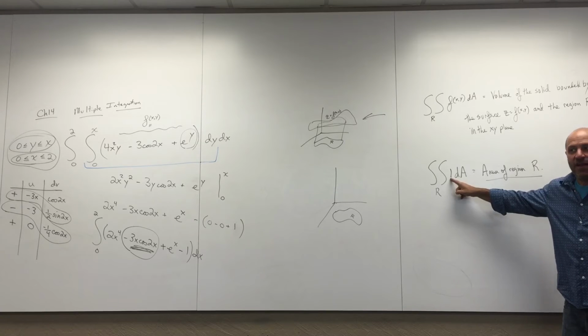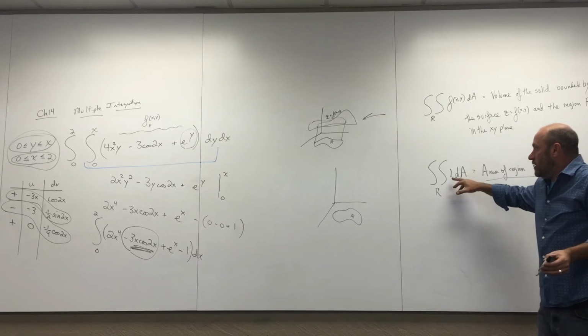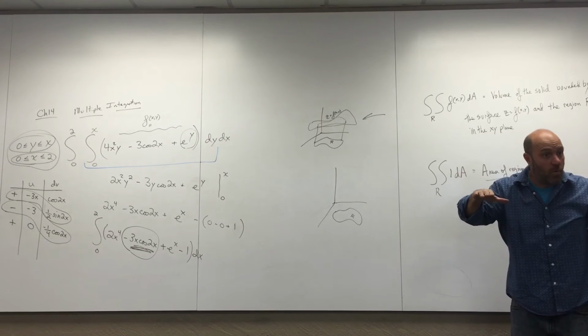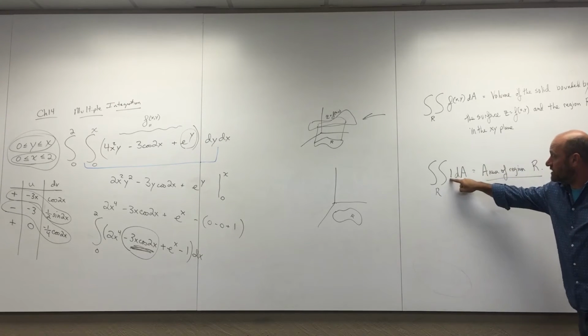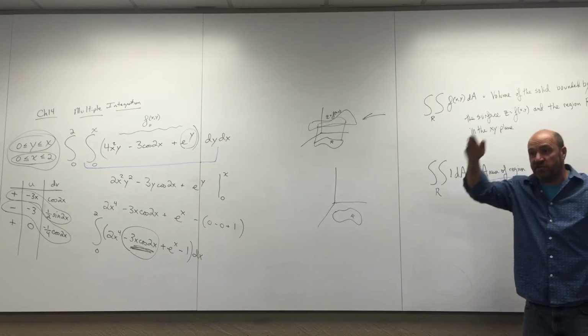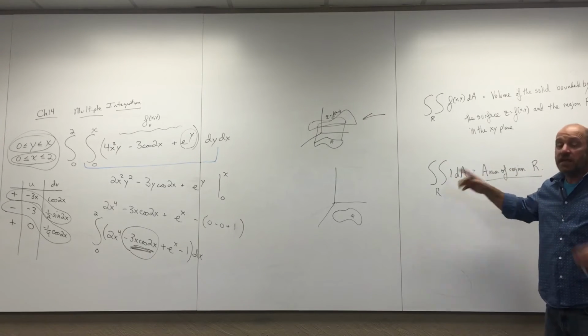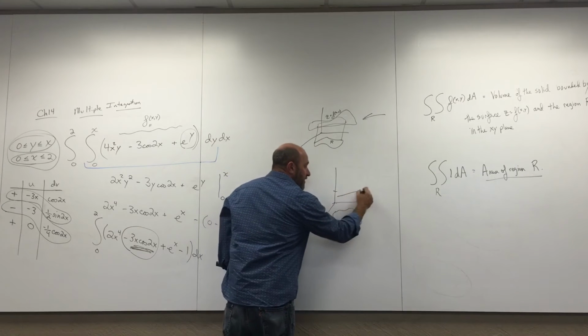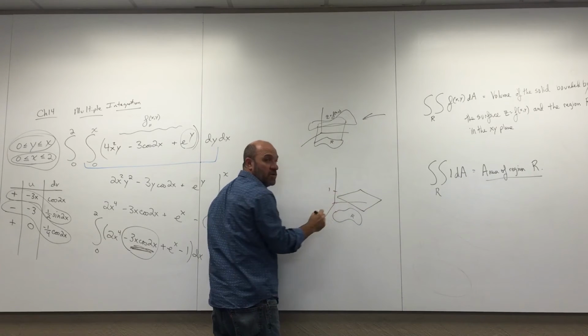So I'm integrating something that has a height of 1, and it's not changing. It's not a bunch of variables. It's not some undulating surface. I'm integrating z equals 1, which is just a flat plane at z equals 1.